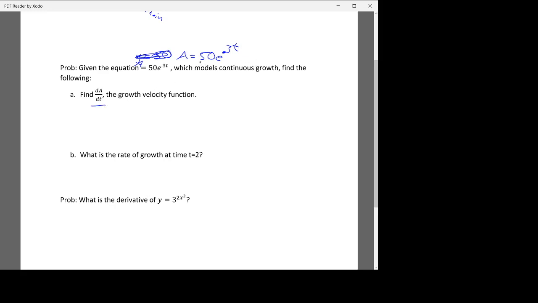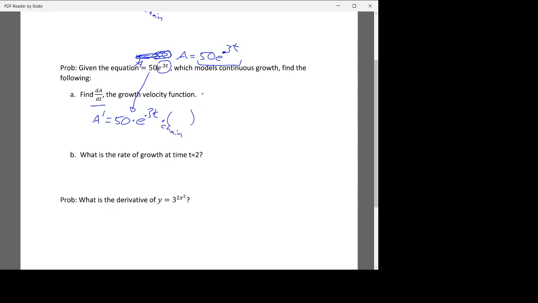So let's take the derivative of this guy, except that instead of with respect to x, we're doing t's now. So dA/dt, we write that as A prime often, is, all right, so it's a constant, 50, times a function. So constant times, just pull the constant down. And then e to a power, we just write the e to the power. But that's not just t. If it was just t, we'd be done, but it's not. So then we have a chain rule issue here.